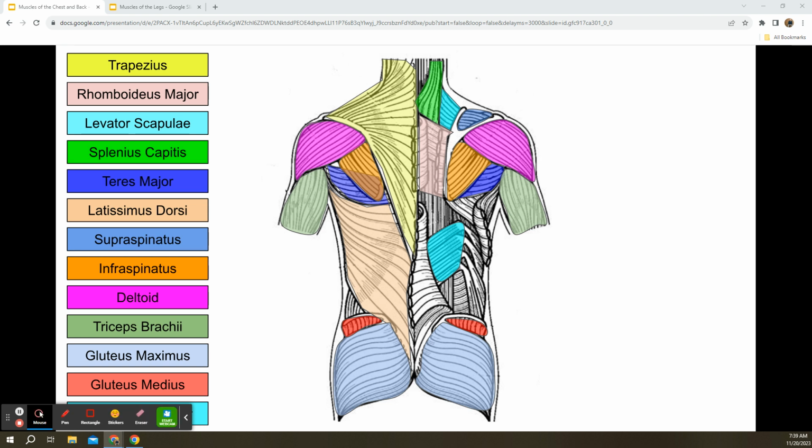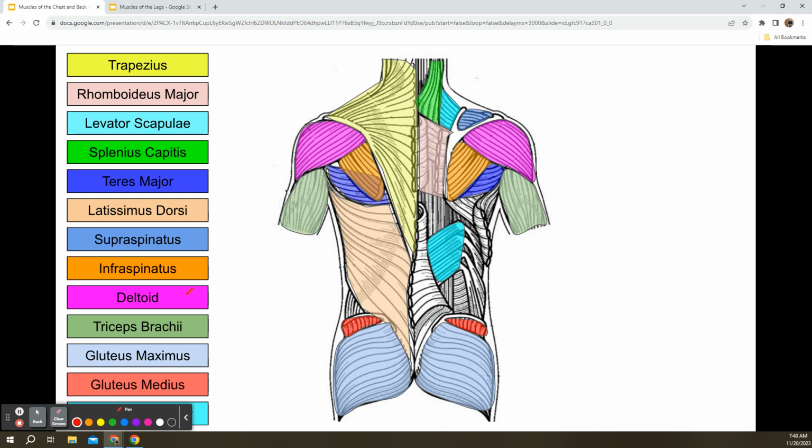Thinking about that prefix, infra essentially means beneath or below, whereas supra refers to above. Your infraspinatus is also located at the greater tubercle, the greater head of your humerus, where that's attached. It also helps rotate the arms laterally.